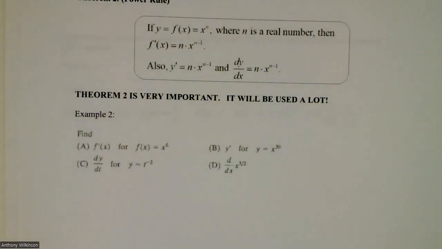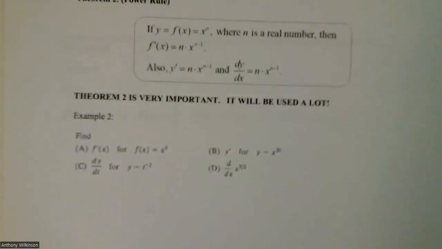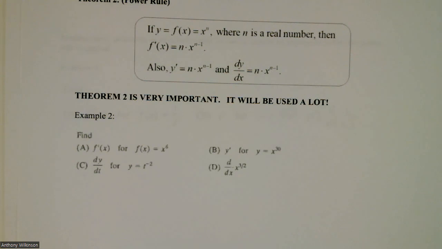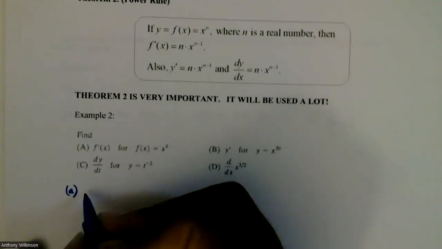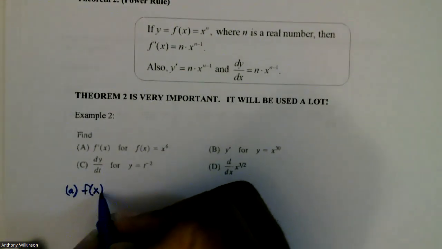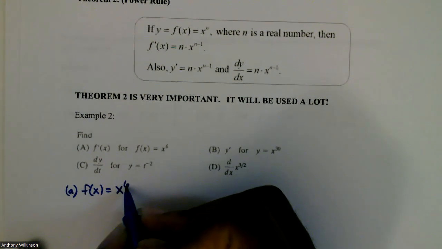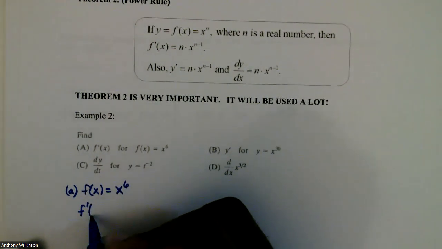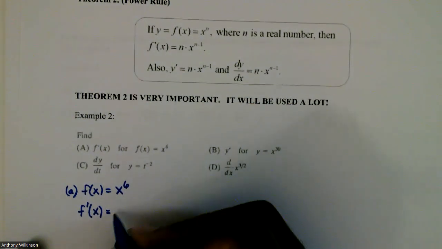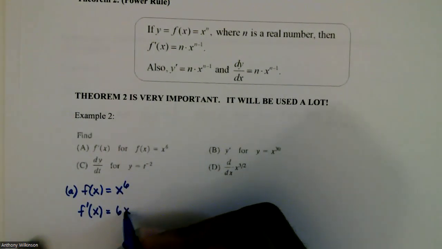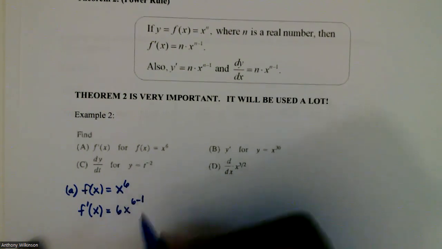Let's say we want to find f prime of x for f of x is equal to x to the 6th power. So I'm going to do part A down here. So here you've got f of x is equal to x to the 6th. To find f prime of x, we bring this exponent of 6 in front, copy the x over to the 1 less power.